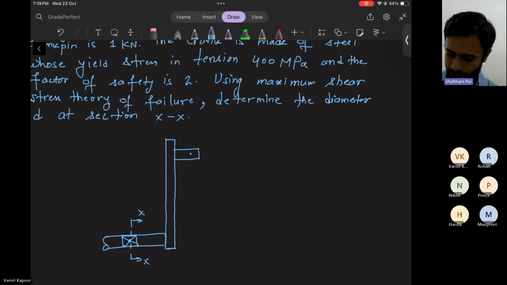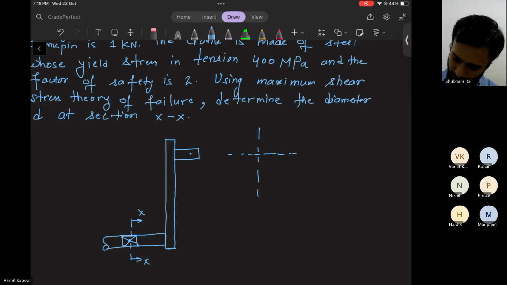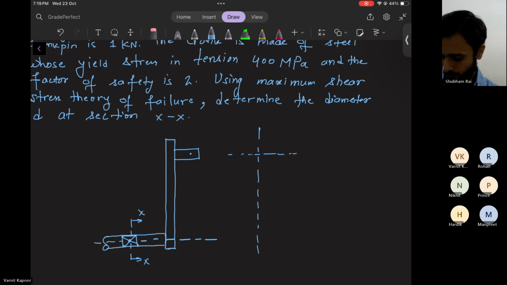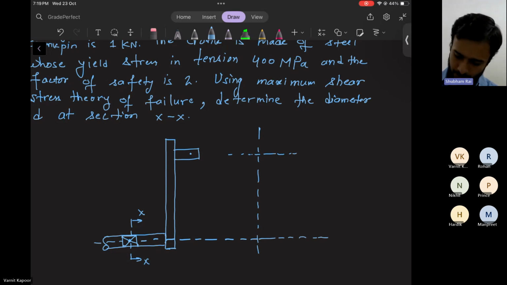Let me just draw. Let's say here I have a central line, and here also I have a central line going on, and from here also there will be a central line. So if I draw this, it will look something like this.